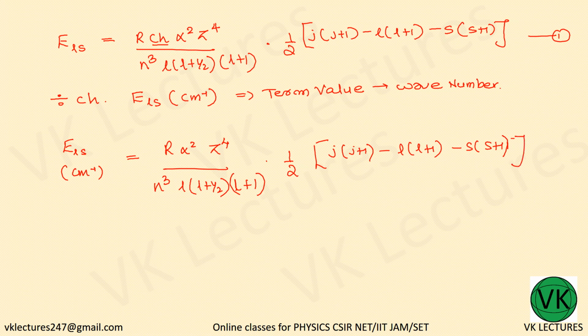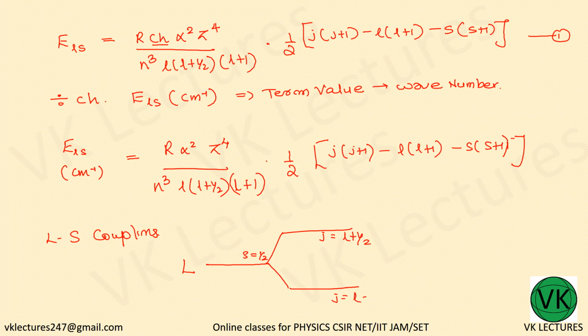Okay. Now due to LS coupling, here you have the L state, and due to the LS coupling we have a state something like this. This splitting is called the fine structure. So here S is equal to half. Now you will get J equal to L plus half here, and here J equal to L minus half.